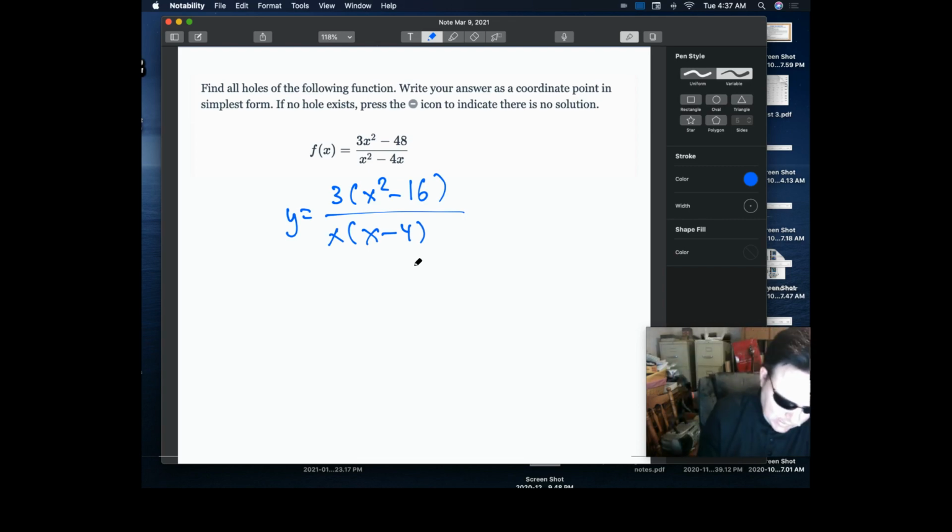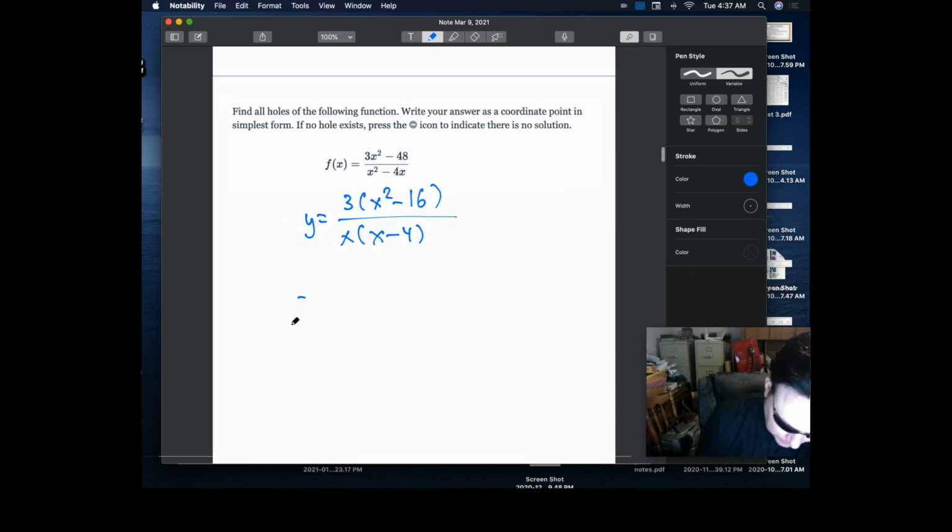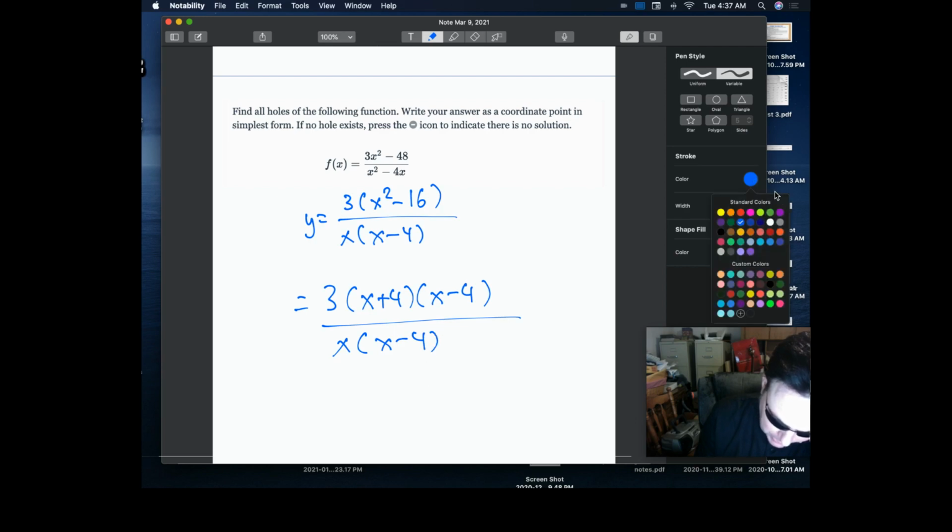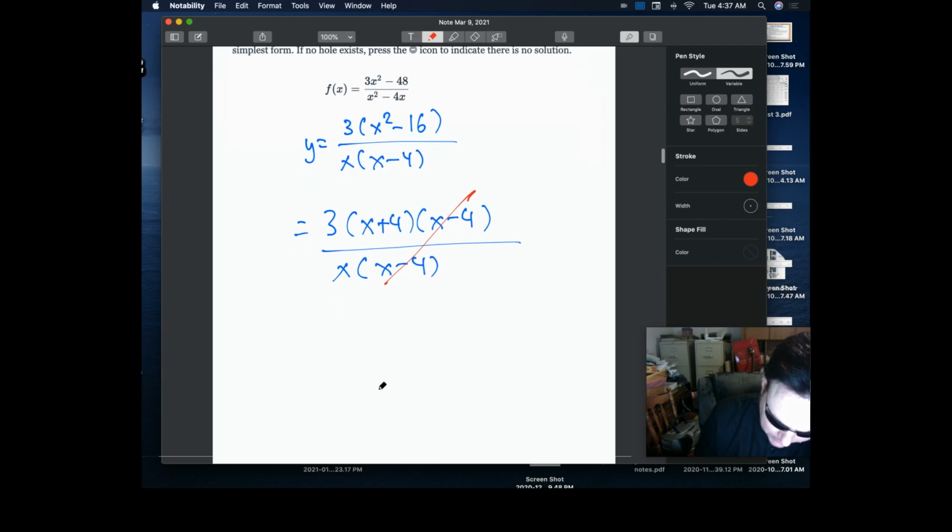But the top is a difference of squares, so we can keep going. We can factor this to be x plus 4 times x minus 4, and the bottom is still this. Please look out for that. This is going to divide out, and we're left with 3 times x plus 4 over x.